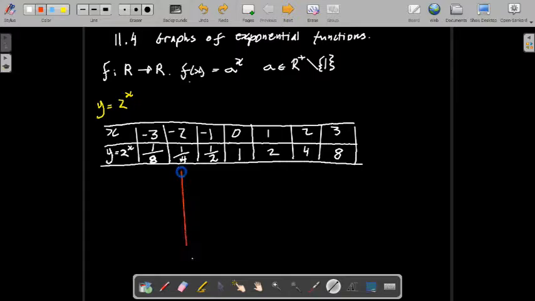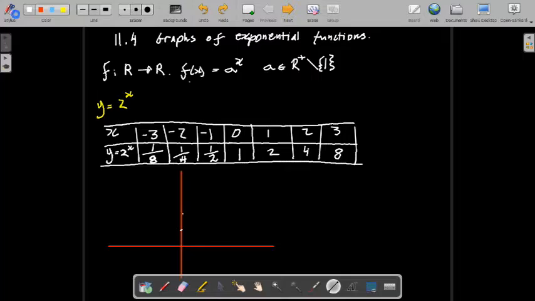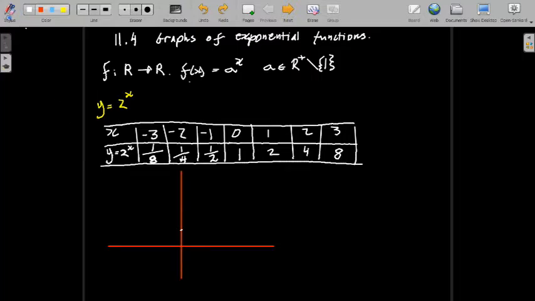Next thing, we're going to have a look at graphing those numbers. So what does it look like? So we've got a set of axes. Starting at 0, we go to 1. Now it's important to note there, it's always going to be 1 unless you've got something added to that.